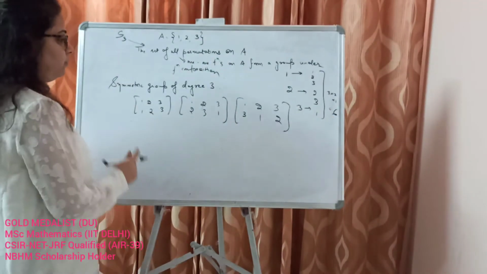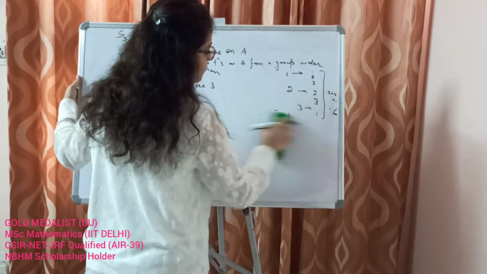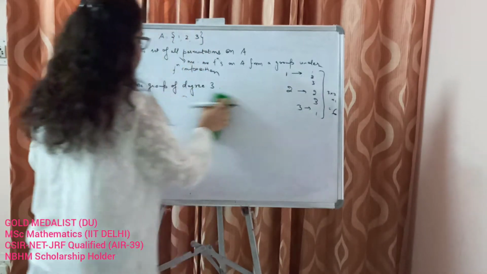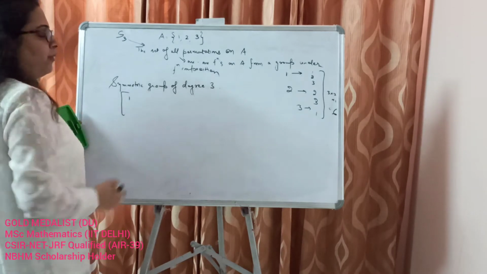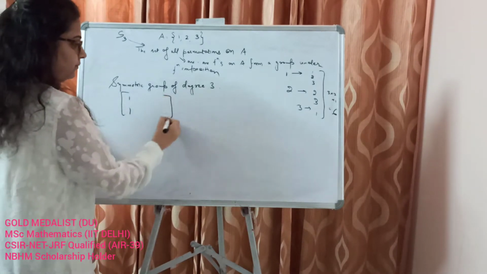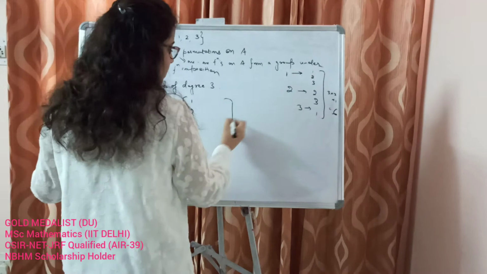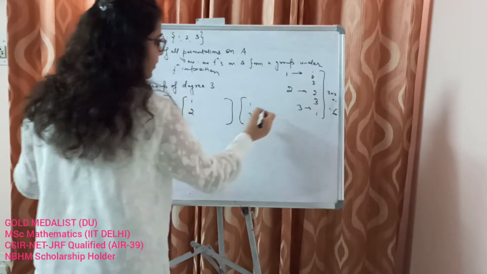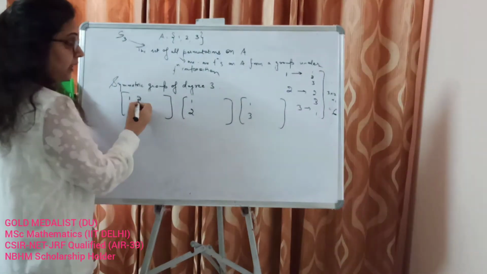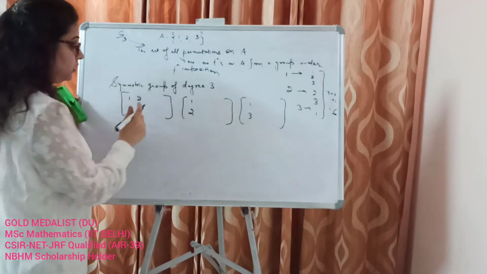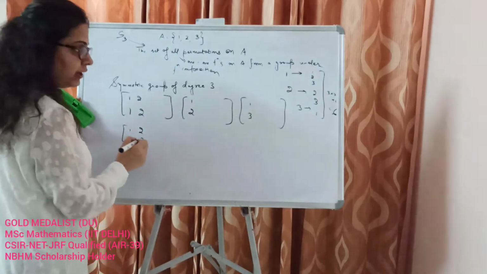So let's again write down the elements. 1 can take up 1. 1 can take up 2. Then 1 can take up 3. Now in this case, if 1 takes 1, 2 can take up 2, and also 2 can take 3.